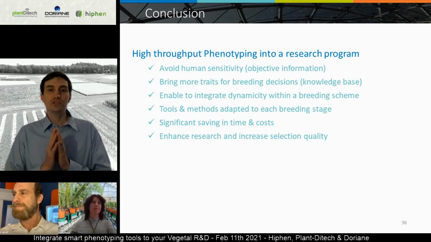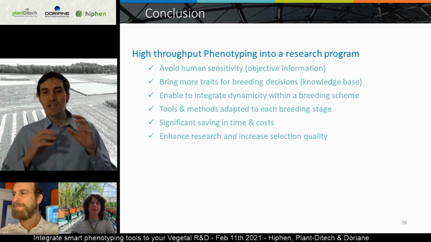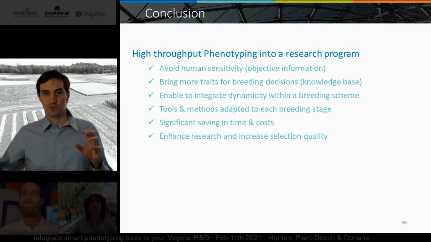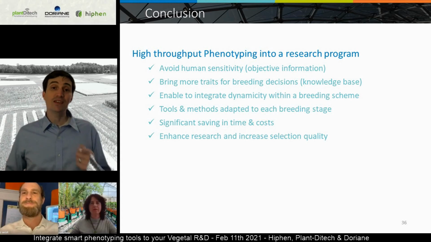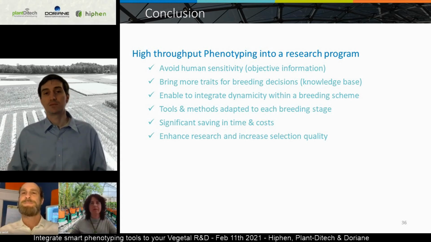It brings tools and methods adapted to each breeding stage. And eventually, it saves your precious time and enhances profitability. But most of all, high-throughput phenotyping enhances research and increases the quality of your selection.